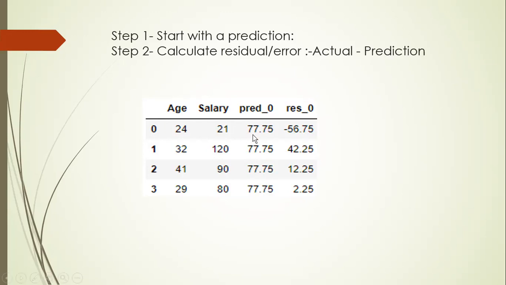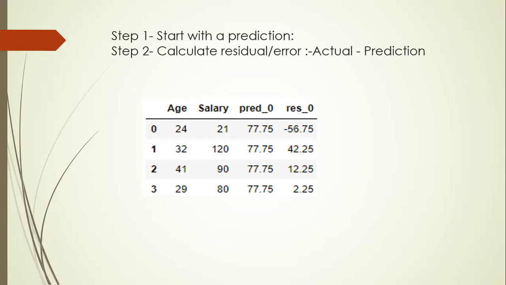Then it will calculate the residual or error of that first weak learner, which is the actual data, 21, minus the predicted data, 77.75. The residual will be this number, and so for every row this will be calculated. Then the work of the first weak learner is done.